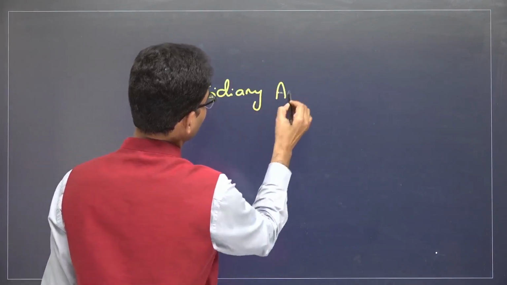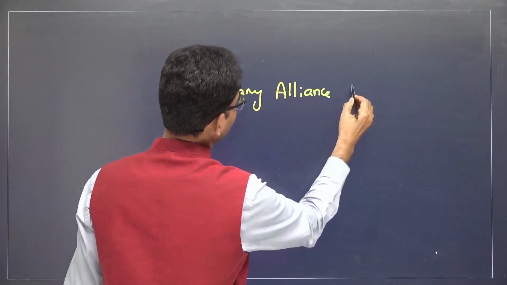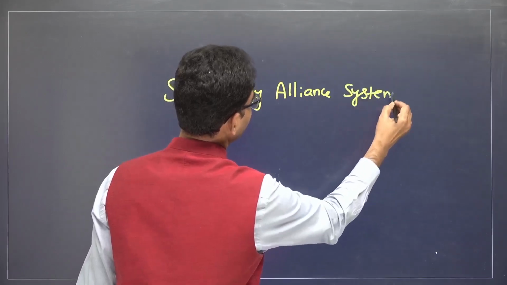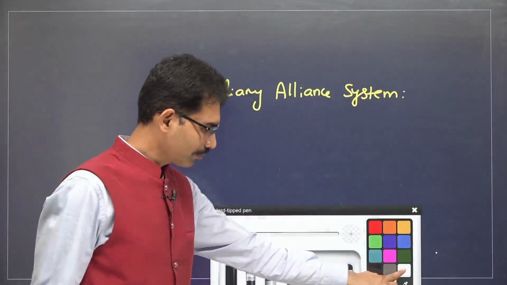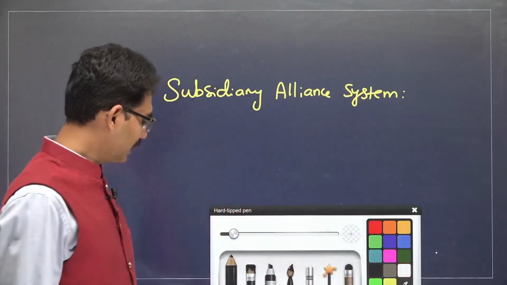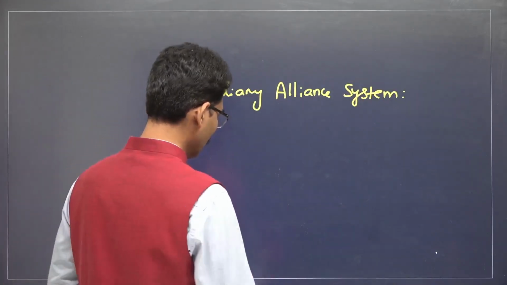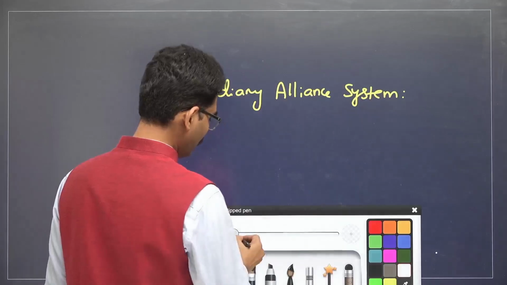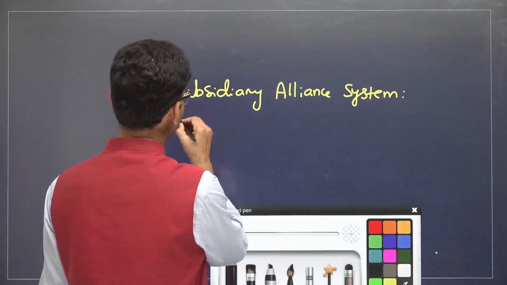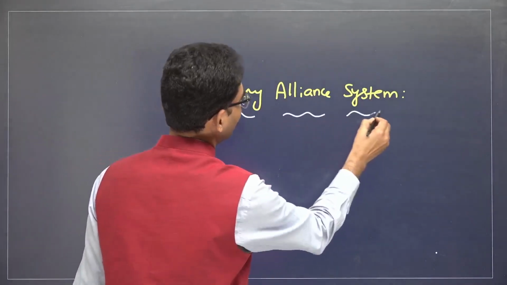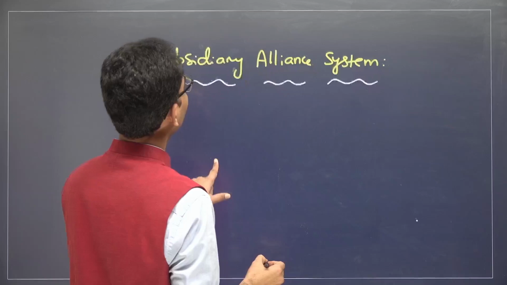Subsidiary alliance system. Now, when it comes to the subsidiary alliance system, what does it mean? Here simply they are saying Indian rulers need not maintain their military.